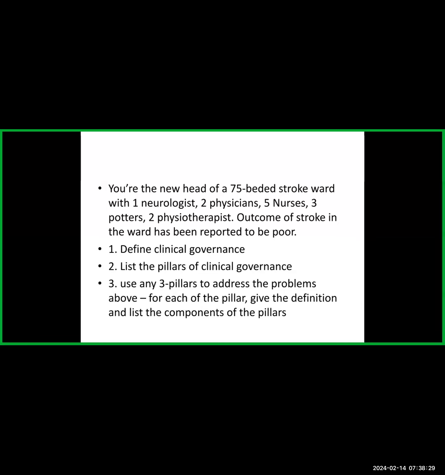Outcome of stroke in the ward has been reported to be poor. So the questions include: 1, define clinical governance; 2, list the pillars of clinical governance; and then 3, use any 3 pillars to address the problems above. And for each of the pillars, give the definition and list the components of the pillars.